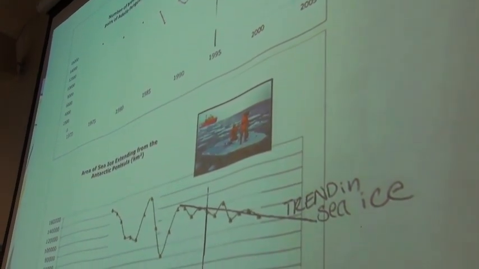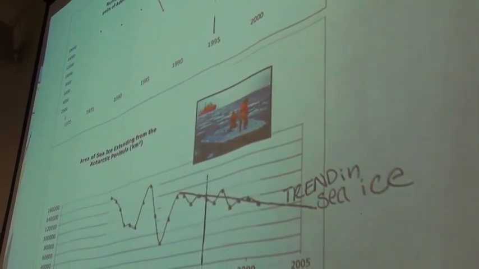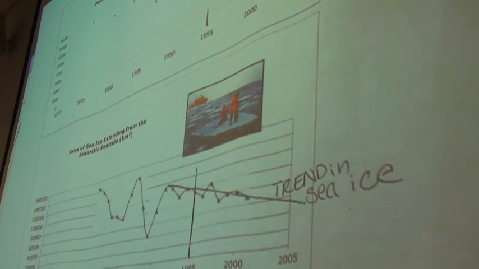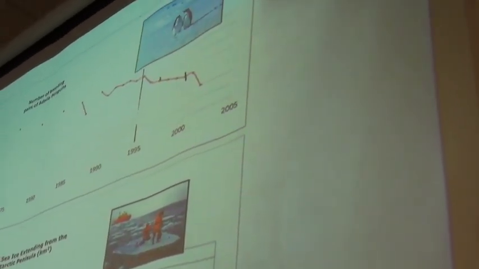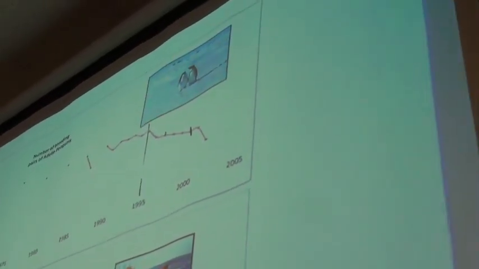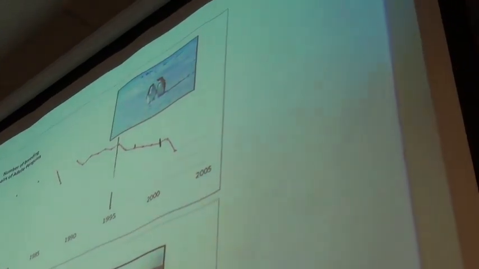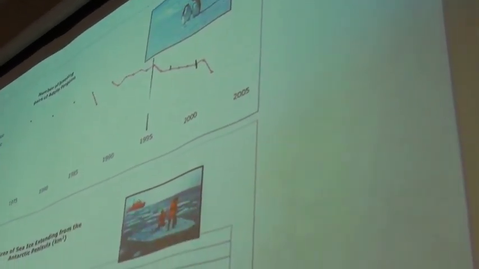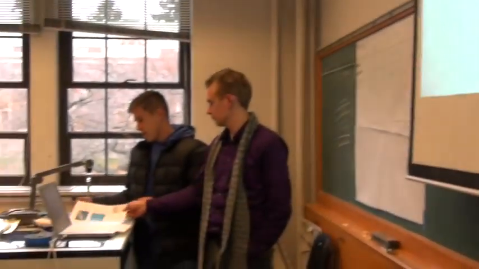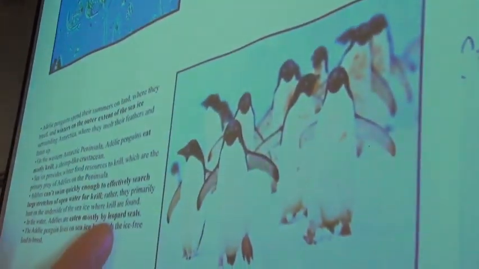Reasoning? Our reasoning is that for these Adelies to feed, they have to go off of the sea ice into the sea to feed on the krill. We learned that from our little reading here. And so we think that because they have to do that, they're going to have to do that more often when the sea ice area is smaller.